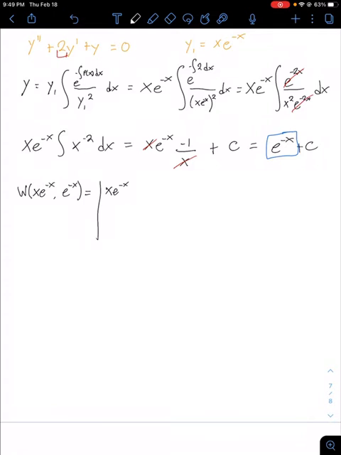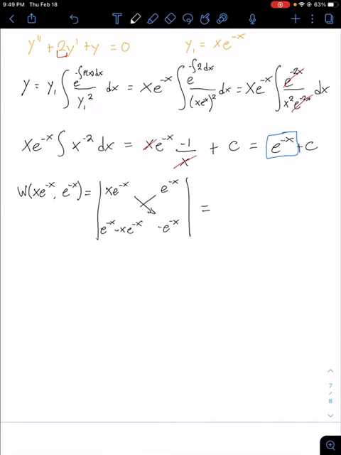The chain rule of this derivative is going to be e to the minus x plus x times the derivative of e to the minus x, which is simply minus e to the minus x. So I'm going to erase this, write the negative e to the minus x. And then we have the second function, e to the minus x, and its derivative is minus e to the minus x.